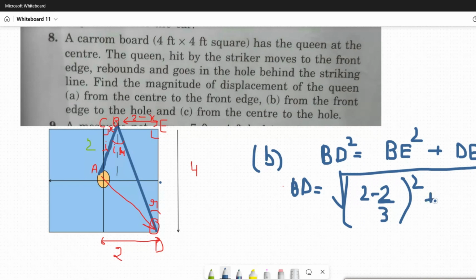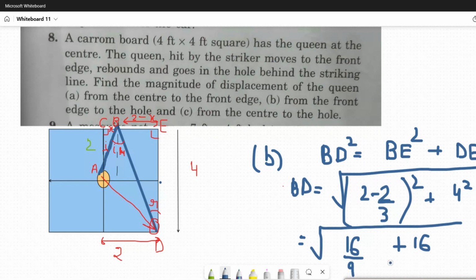plus how much is DE? 4. 4 square. Now we will get BD as under root of 16 plus 16, and this 2 minus 2 by 3 would be 6 minus 2, 4, 4 by 3. So this would be 16 upon 9.